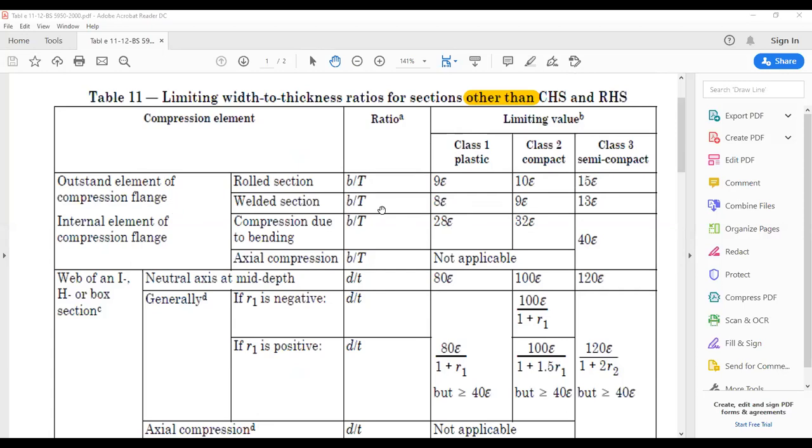However, if you find this ratio is greater than 9 multiplied by epsilon, but less than 10 multiplied by epsilon, then your section will not be plastic. Instead, it will be compact.